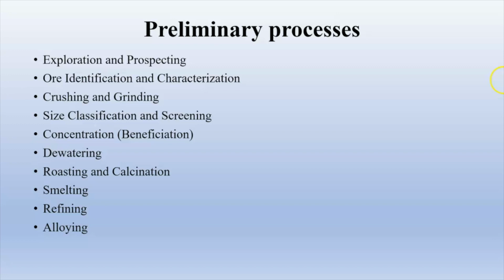The key preliminary processes in metallurgy involve exploration and prospecting, ore identification and characterization, crushing and grinding, size classification and screening, concentration, dewatering, roasting and calcination, smelting, refining, and alloying.